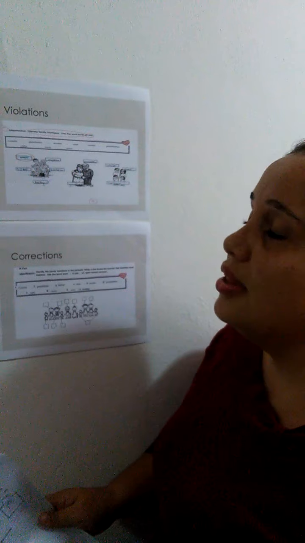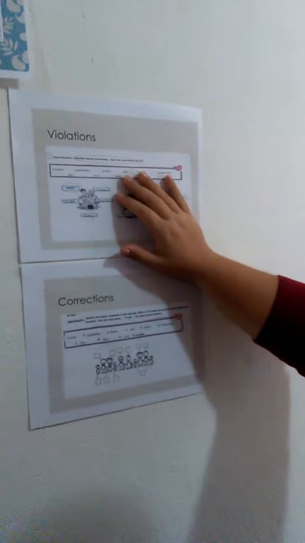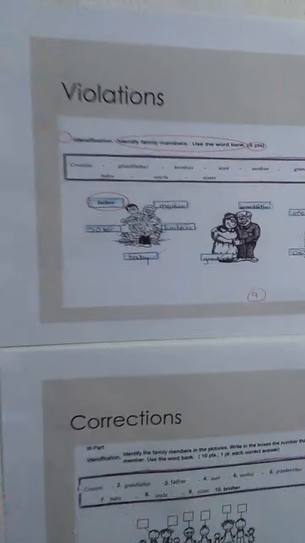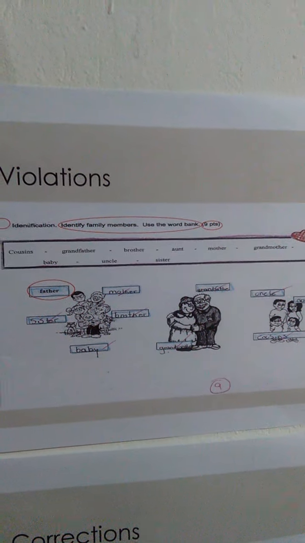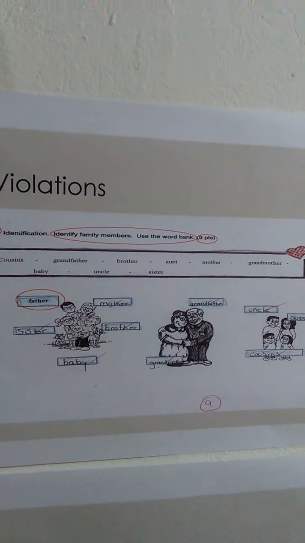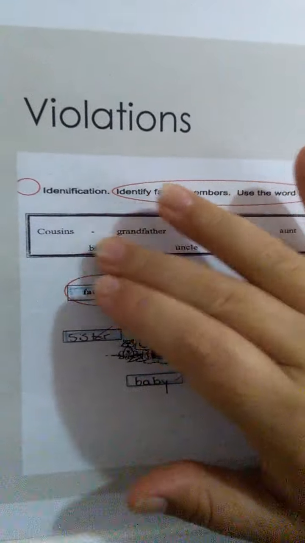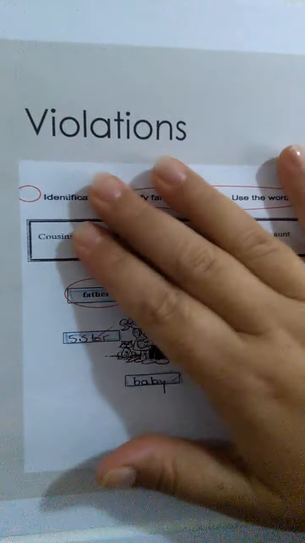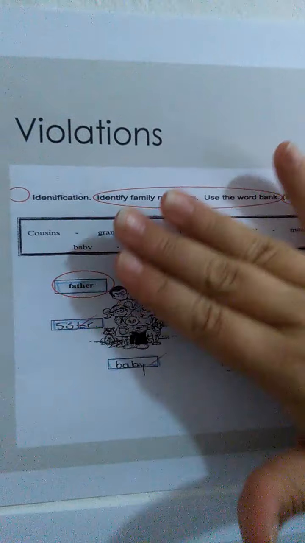I also found several violations in the other item, the identification item. The first one, as in the last one, is that the number of the part of the test is missing, right? A test needs to have an order.